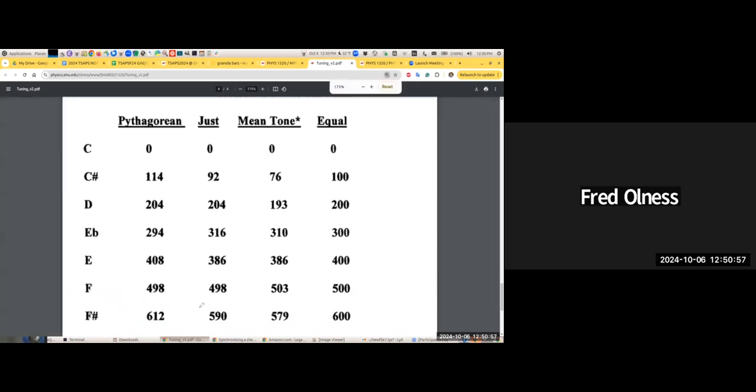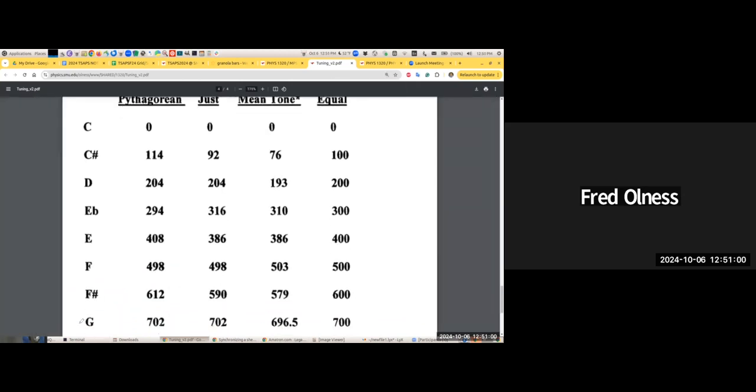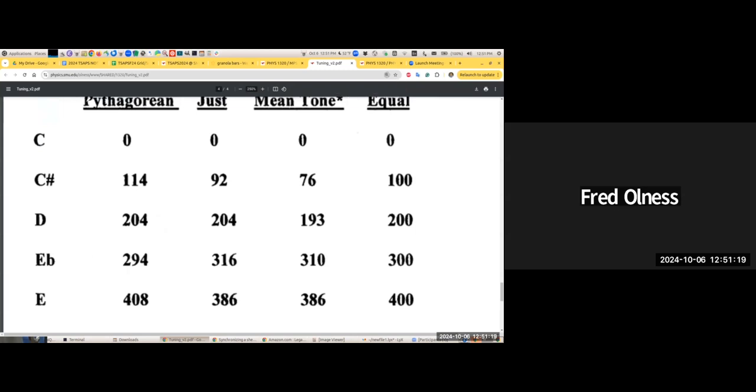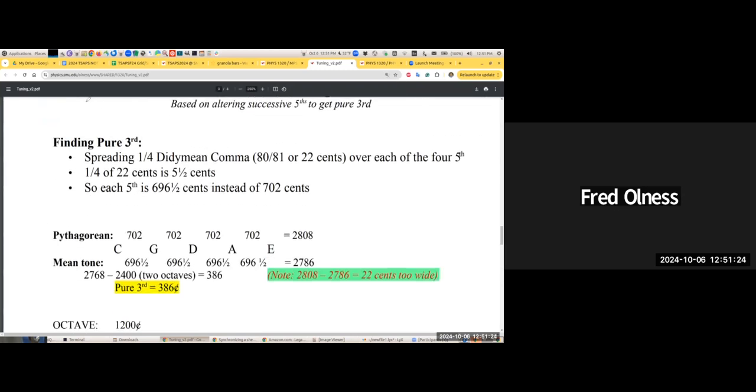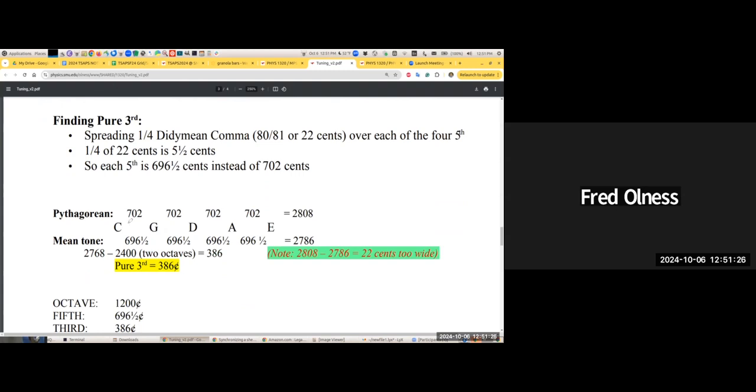So we realize that our fifth is 702, and what we can do is squeeze the fifth. As I go through my cycle of fifths, I get 22 cents too large.